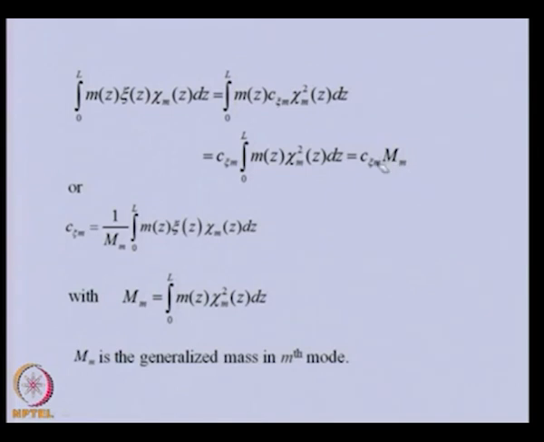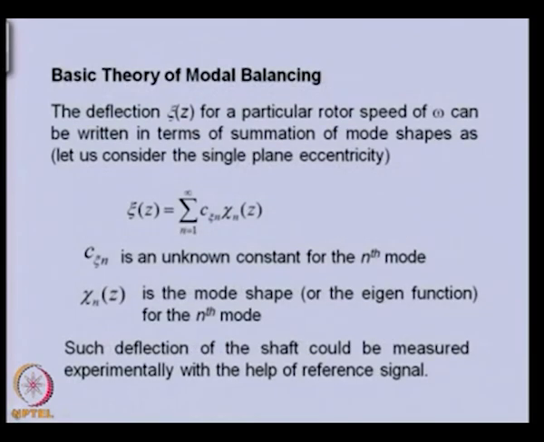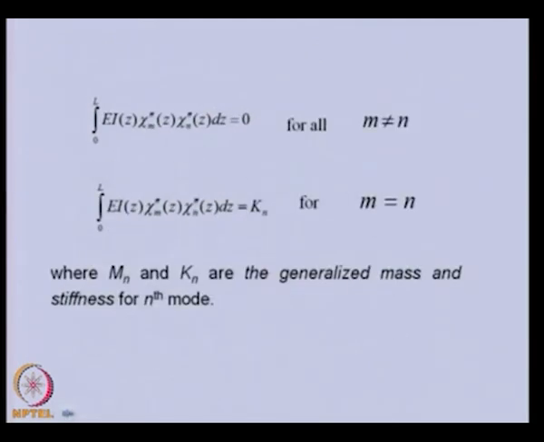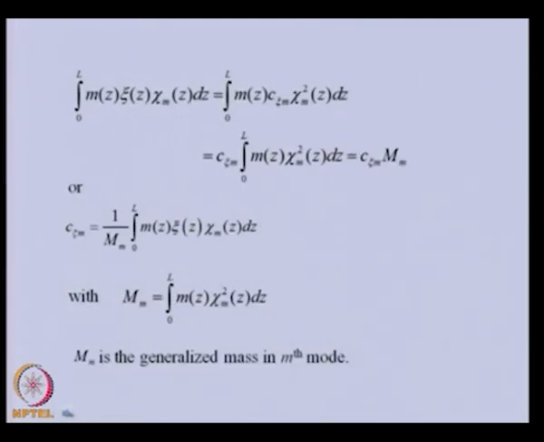From this expression we can solve for the unknown constant like this, where the modal mass is defined by this integral. So now we could get this constant which was there in the chosen series of the response, using this analysis.